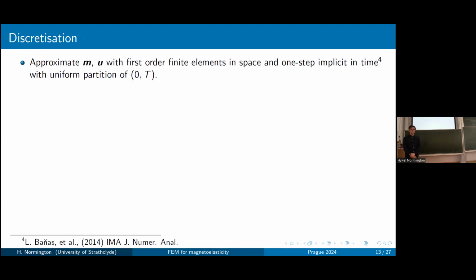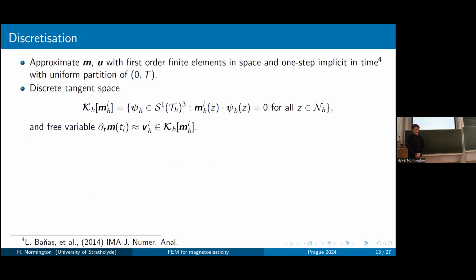If we try and go any simpler to constant functions, the constraints on the unit length are going to be way too harsh. The discrete tangent space only holds at the nodes rather than holding everywhere. Given some approximation m, you can define this tangent space at every single one of the nodes, and then you can update from there. And as I mentioned earlier, we define now the free variable v.